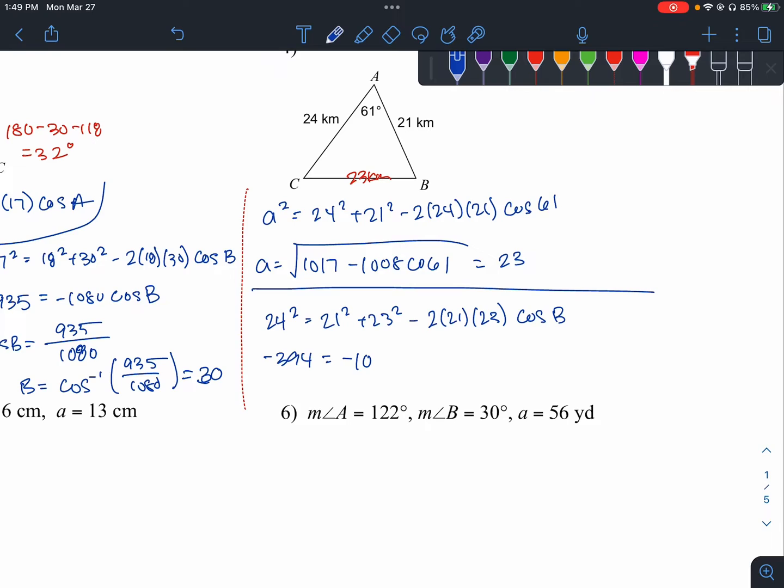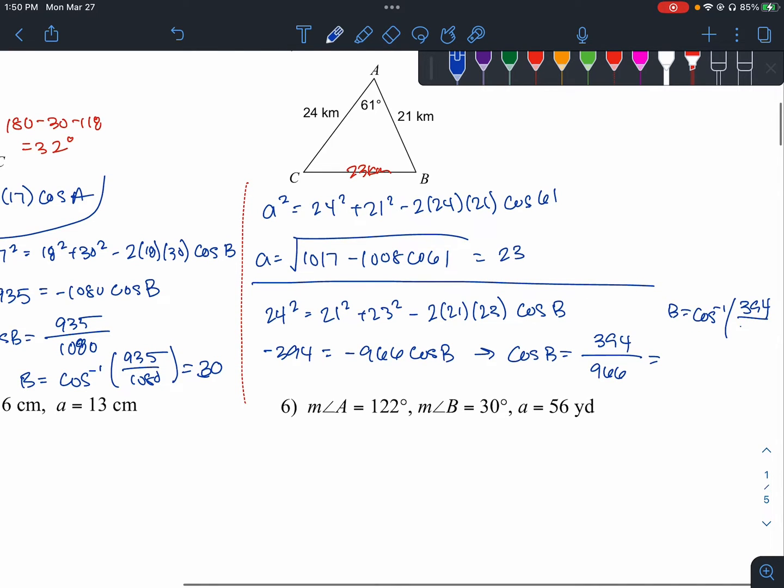Oops, that's supposed to be 23. That's wrong. 23, yeah, there we go. So we get negative 966. We divide, so cosine of B is equal to 394 divided by 966. And then B is going to be equal to inverse cosine of 394 divided by 966, and I have 65.92.